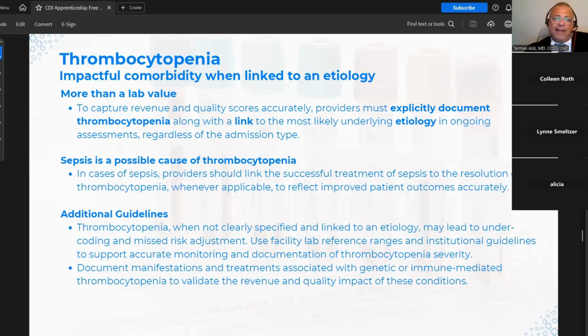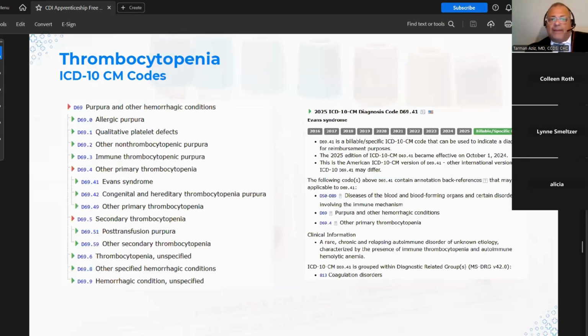This is very, very valuable, both for the thrombocytopenia diagnosis and for the sepsis diagnosis if you link the two of them. So keep it in mind. We generally want to see that the platelet count returns above 150, the bottom limit of normal, before attributing that.